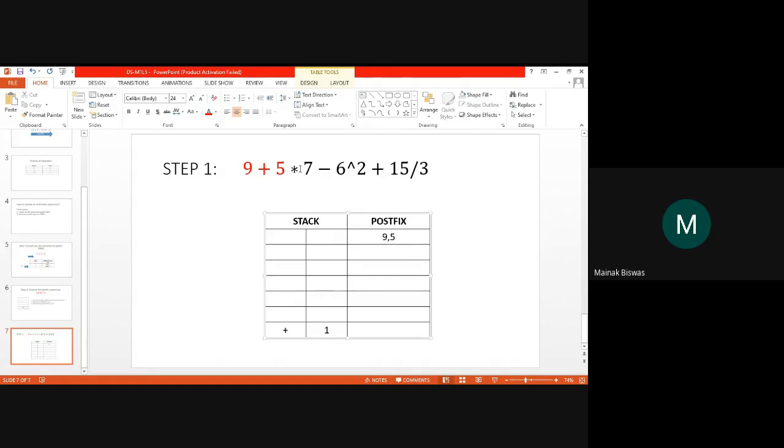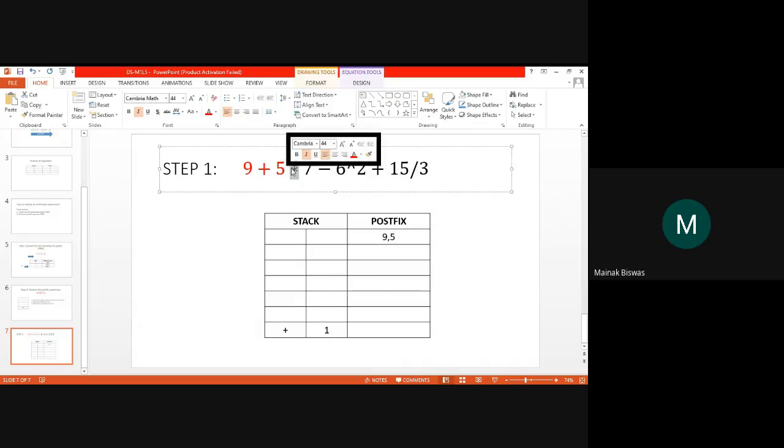Now the expression that we get is multiplication. It's an operator, so it has to be pushed into the stack. So multiplication's priority is compared with this addition.